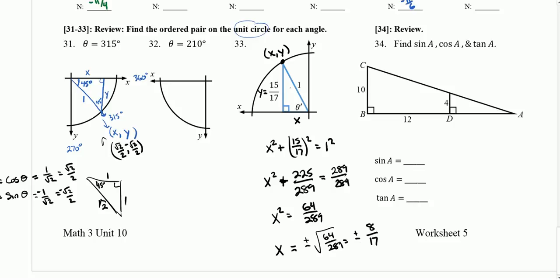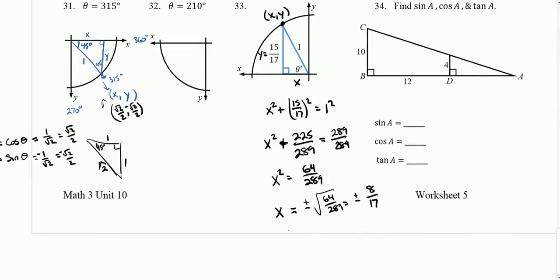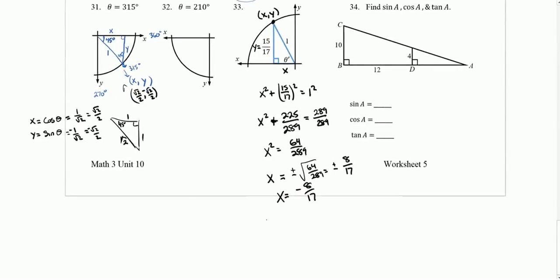Well, we're in quadrant 2 in this picture on number 33, and x is always negative in quadrant 2, so we need to go with x is negative 8 over 17. So we put our coordinate together, xy is going to be negative 8 over 17, and y we said was 15 over 17.